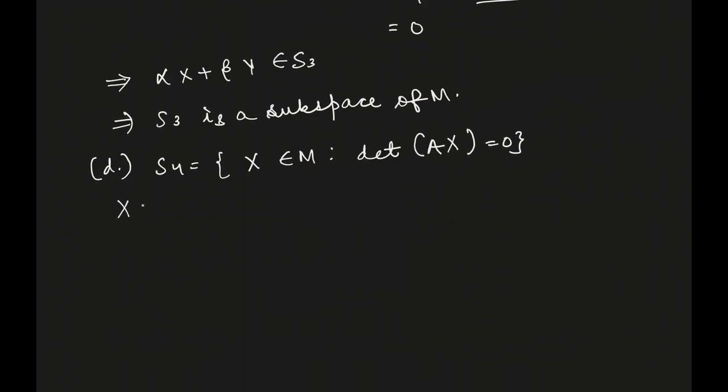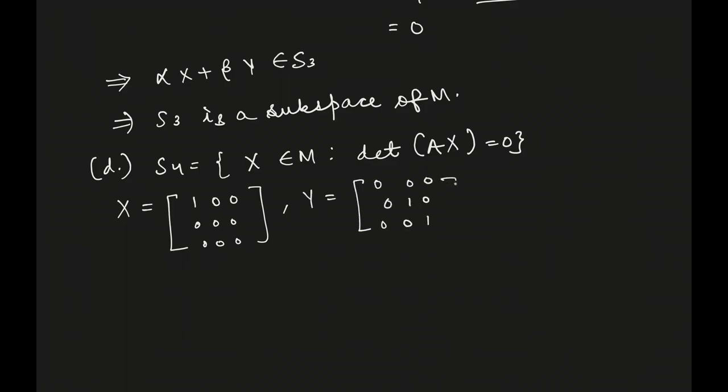So if I take X as 1 0 0 0 0 0 0 0 0 and Y as 0 0 0 0 1 0 0 0 1. AX, what was my A? 2 1 0 0 2 0 0 0 3.